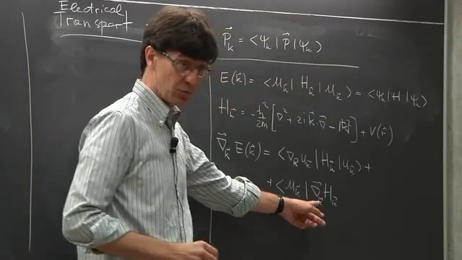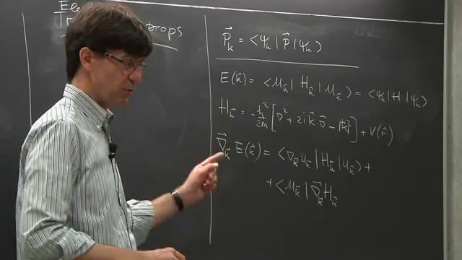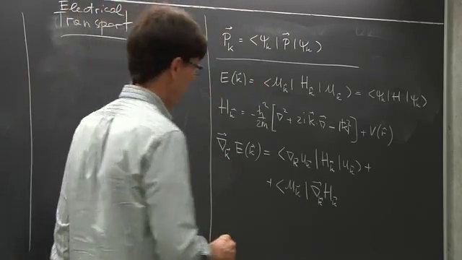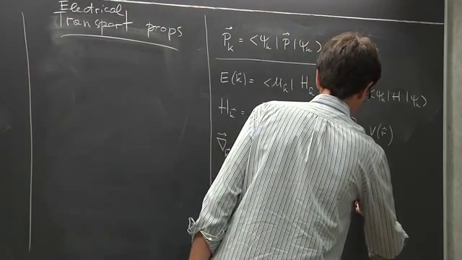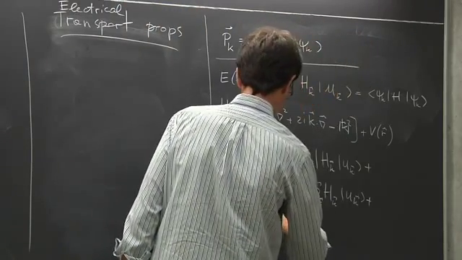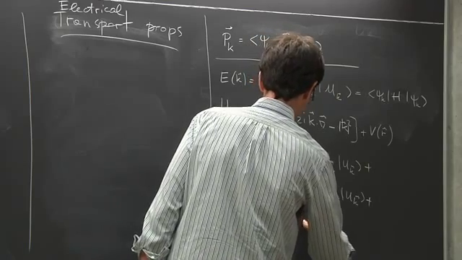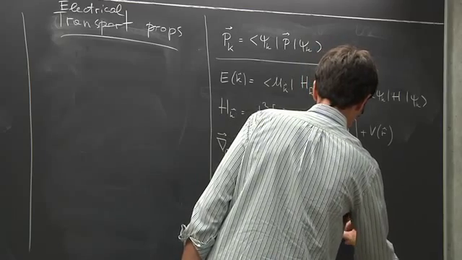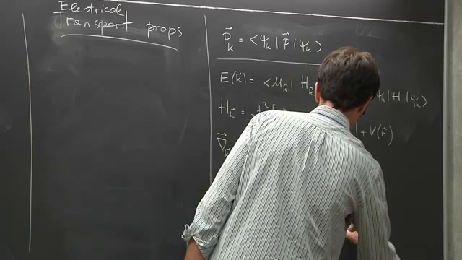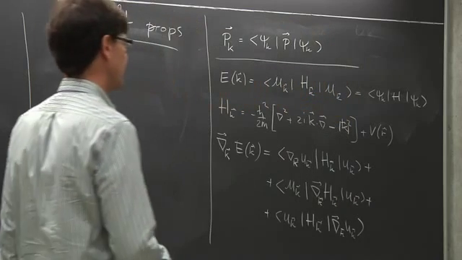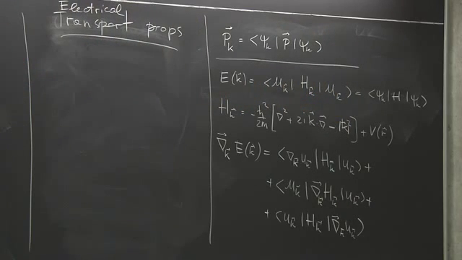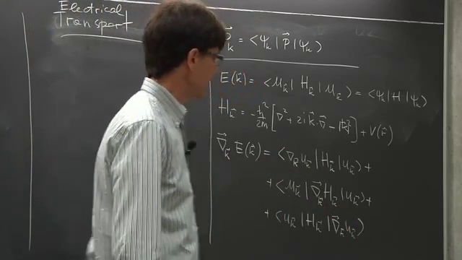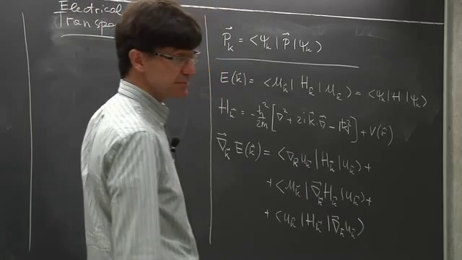Remember, gradient with respect to k, right? So I have to take derivative with respect to k, not with respect to r. That's what I'm interested in. U of k plus u of k, h of k, gradient with respect to k of u of k. Right? K appears in 3 places, so I need to take a derivative in all the 3 places.